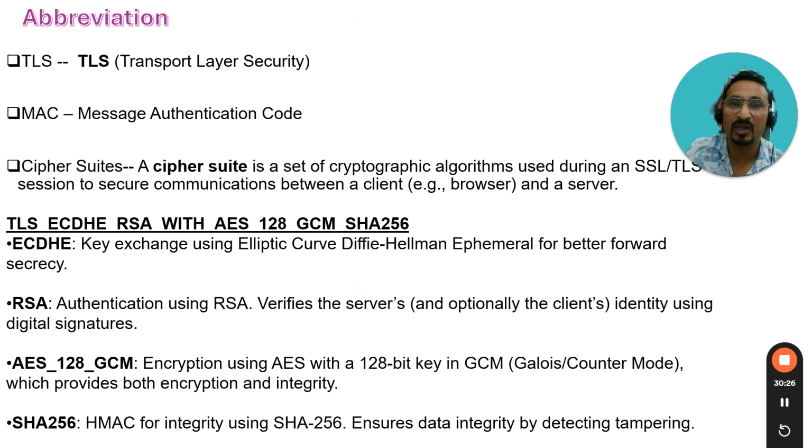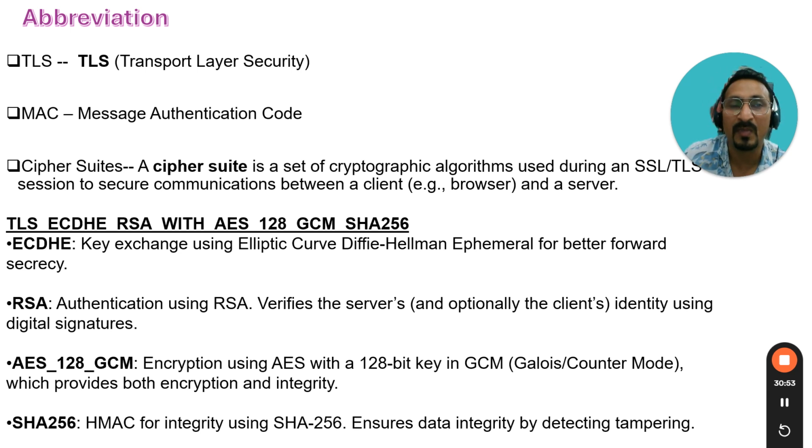Some abbreviations I wanted to give you about SSL. TLS stands for Transport Layer Security. It's a higher version of SSL. SSL is no more being used, but people still stick with the name SSL. They prefer naming it SSL, but now it is pronounced as TLS. MAC is the Message Authentication Code.